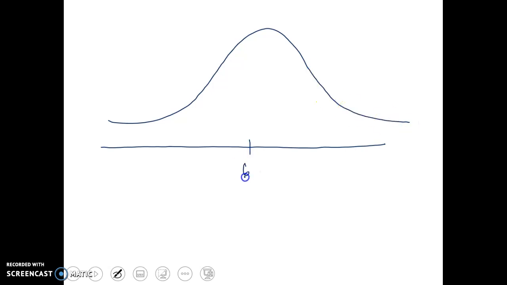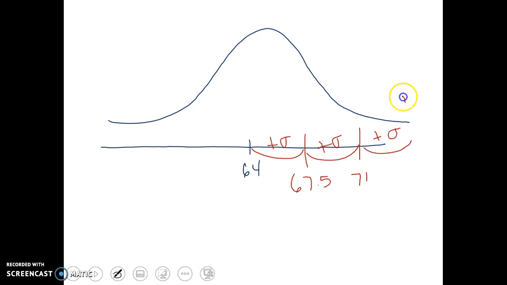So I believe 64 is in the center, and we're doing a standard deviation of 3.5. So we're going to add 3.5. So 64 plus 3.5 is 67.5. Then we add one more, and we get 71. And we add a third one, and we get 74.5.